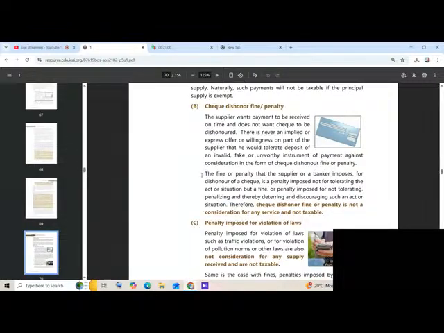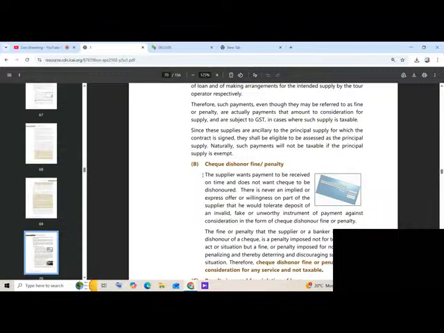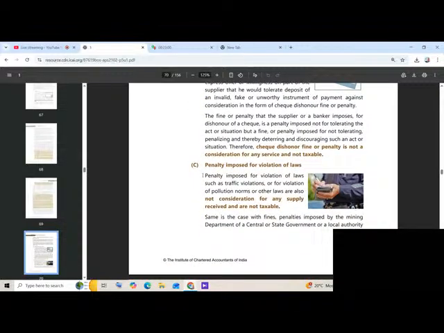The fine or penalty that the supplier or a bank imposes for dishonor of a check is a penalty imposed not for tolerating the act or situation but a fine or penalty imposed for not tolerating, penalizing, and thereby deterring and discouraging such an act or situation. Therefore, check dishonor fine or penalty is not a consideration for any service and not taxable.